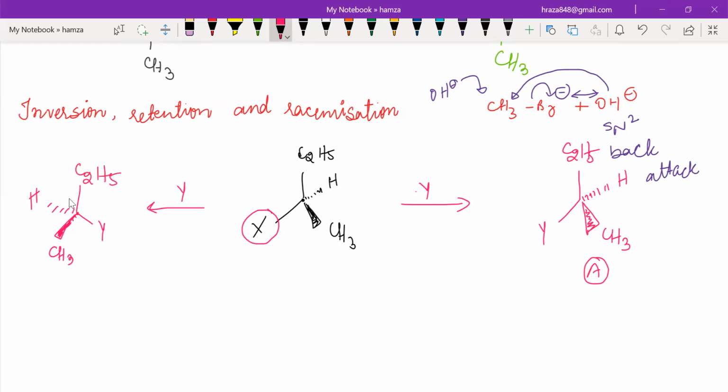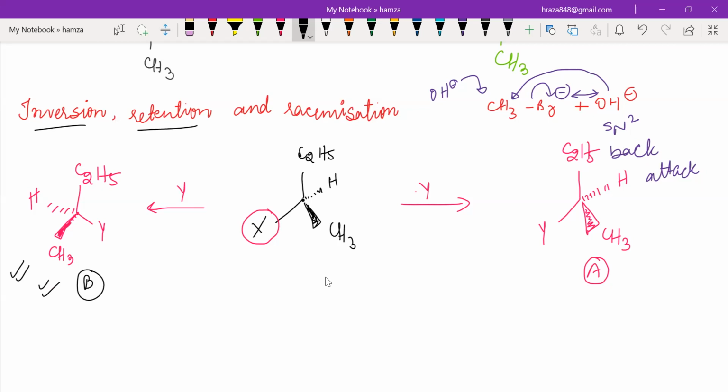Inversion or retention? In retention, Y takes the place of X and goes in the same orientation. But in this, Y is on the right hand side and X was on the left hand side. Isn't it inversion? Yes, sir, it's inversion.